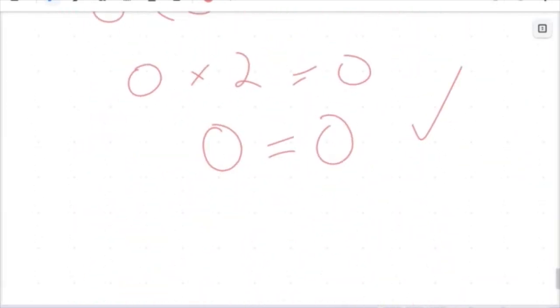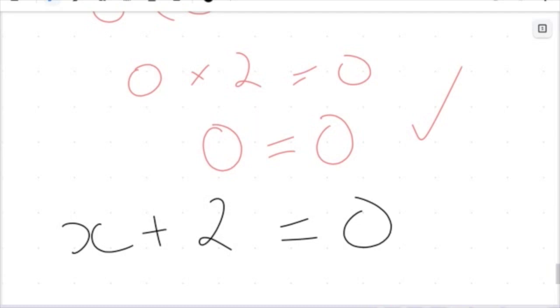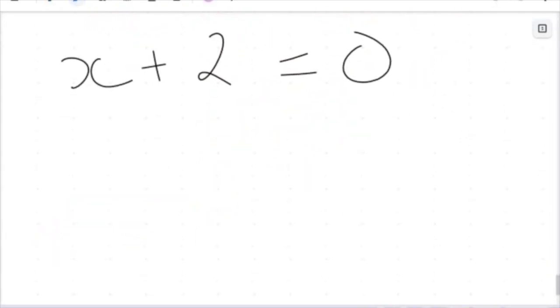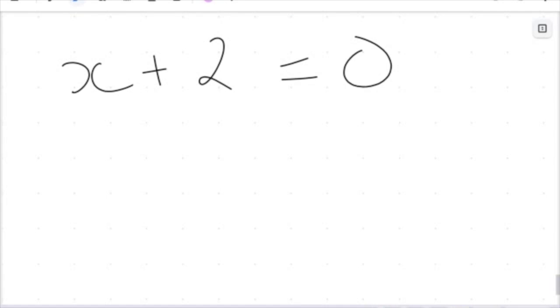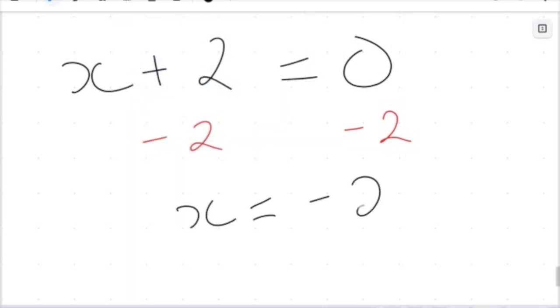So another option is when x plus 2 equals 0, taking this entire expression to equal 0. Now if something plus 2 equals 0, I can find out what that something is by just solving the equation, and that gives me x equals minus 2 here.